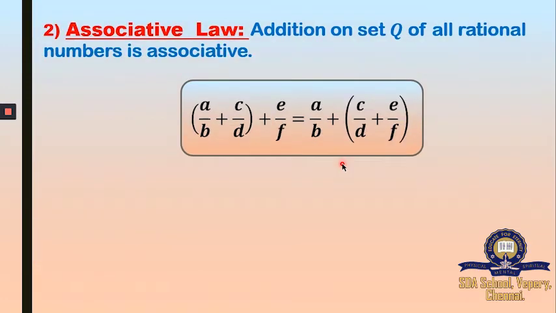So the next property is associative law. Addition on set Q of all rational numbers is associative. So (a by b plus c by d) plus e by f equals a by b plus (c by d plus e by f). Here the bracket changes for the terms. Okay. So here set Q is nothing but the rational numbers. Okay. So based on this I have given you an example.